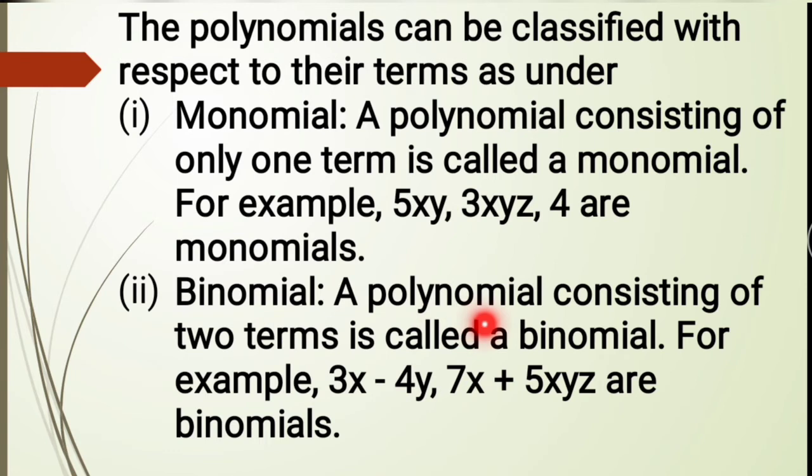Number 2, binomial. A polynomial consisting of two terms is called a binomial. For example, 3x minus 4y, 7x plus 5xyz are binomials.